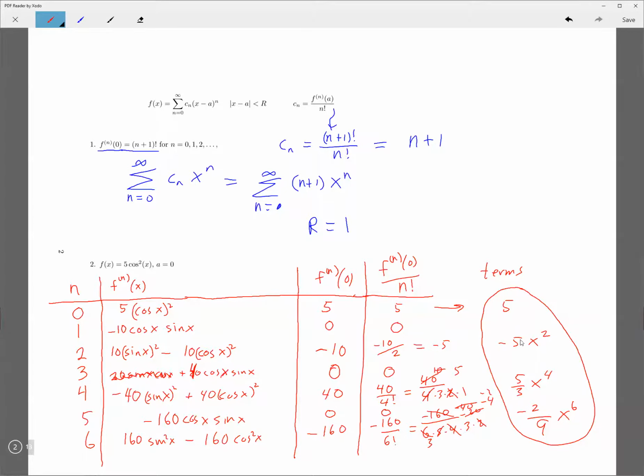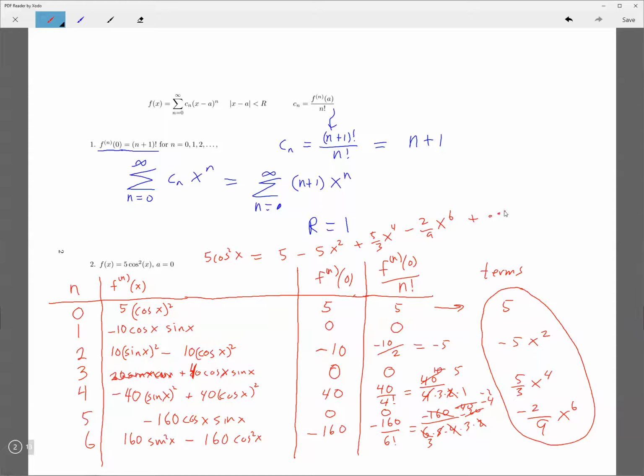Because this one is negative. These are non-zero. These numbers here. So basically what it's saying is that this 5 cosine squared x is equal to 5 minus 5x squared plus 5/3 x to the 4th minus 2/9 x to the 6th.